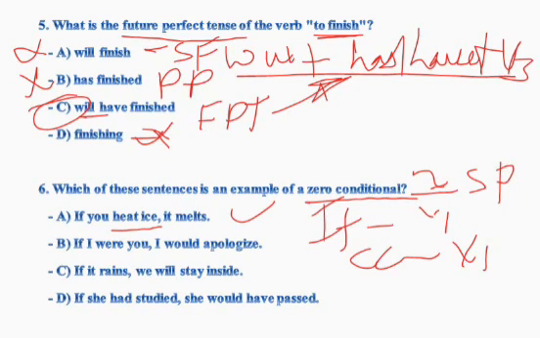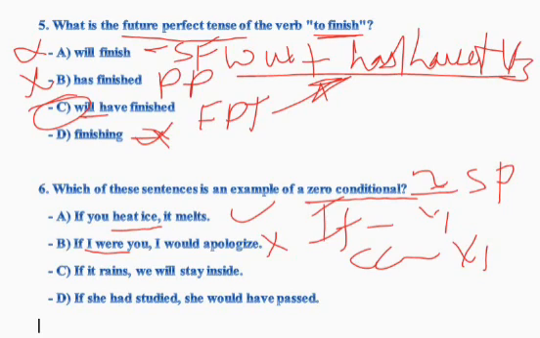If you see B, "If I were you, it would be easy," in past tense, this is in the form of V2, the past form. This is a conditional, would plus V1. This doesn't go together with this.